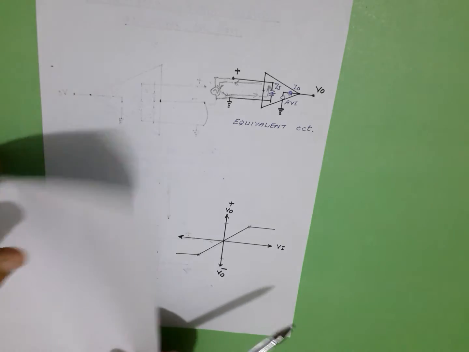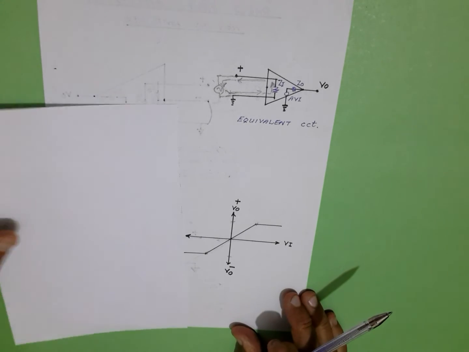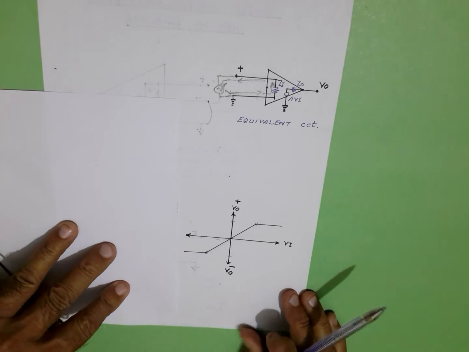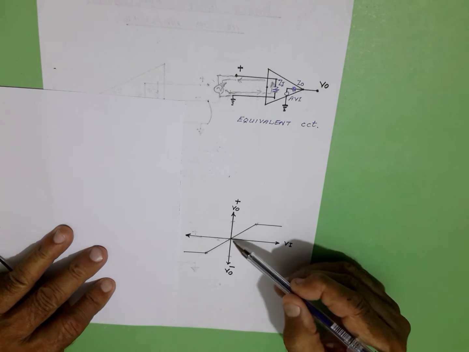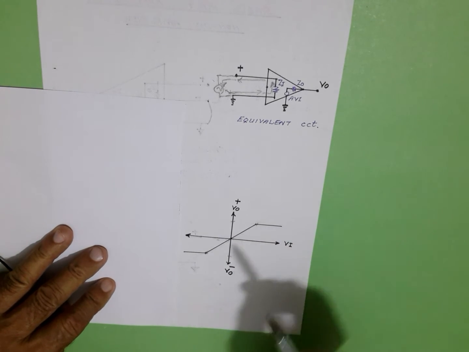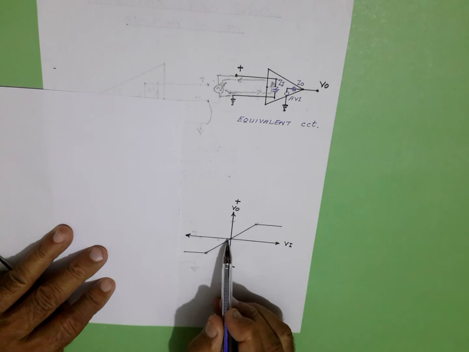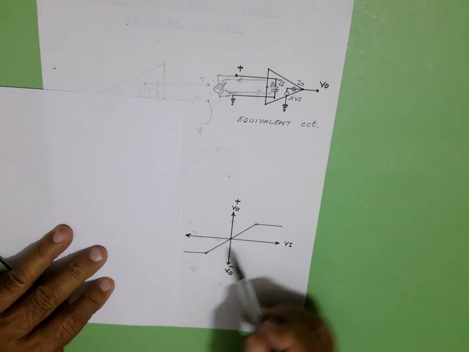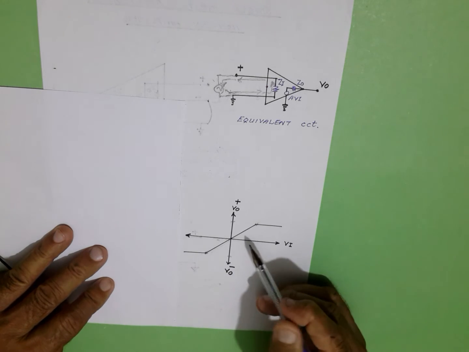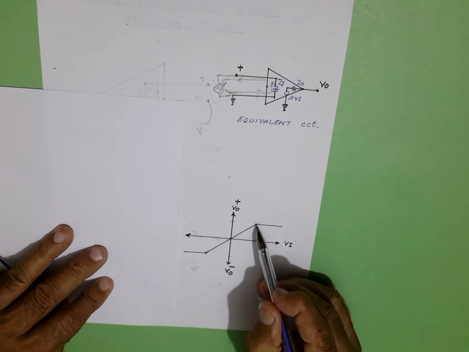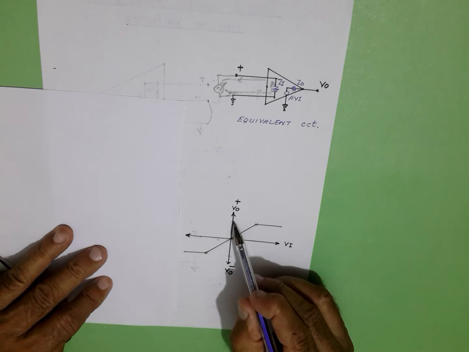This is the voltage transfer characteristic curve. If we give a positive input voltage, the output will be a positive voltage. If we give a negative input voltage, V0 will be negative. This will increase up to this point, which is called the positive saturation voltage, and it is less than VCC of the transistors.